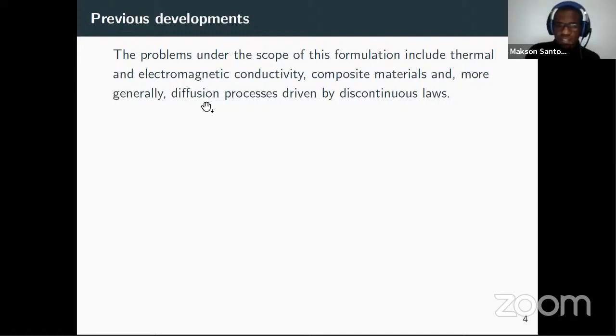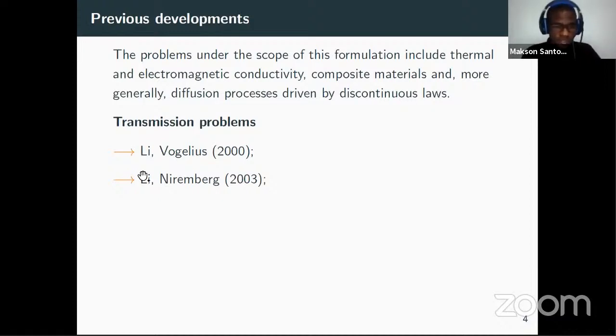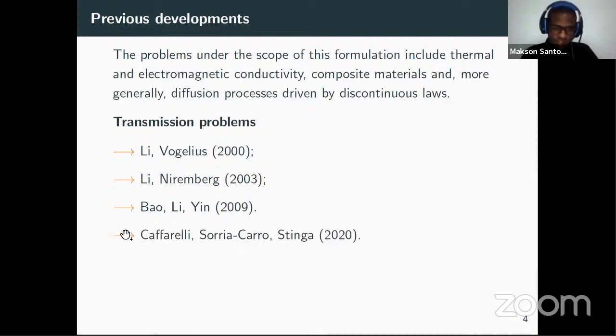There are some known works related to this theory, and among them we can see the works by Li, Vogelius, Nirenberg, Bao, Li, and more recently Caffarelli, Soria-Carro, and Stinga. And these works have one thing in common, which is the fact that I know a priori the interface, right? The interface is a fixed set that I know a priori.